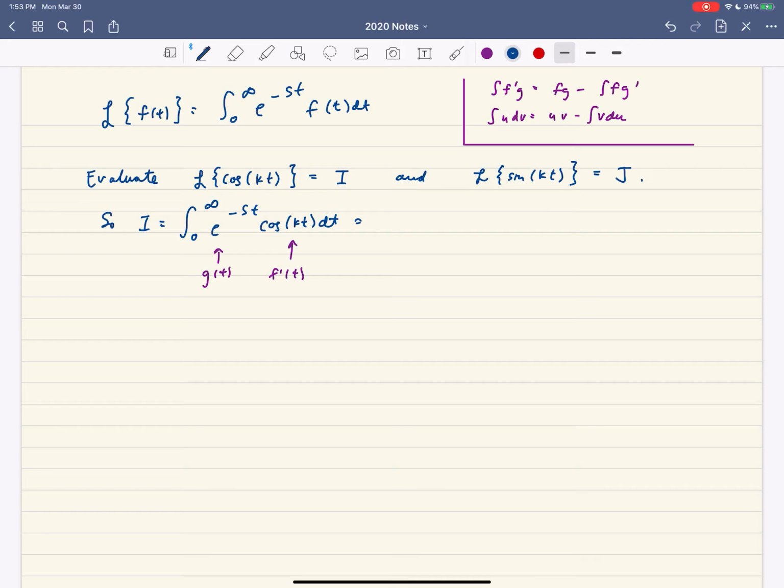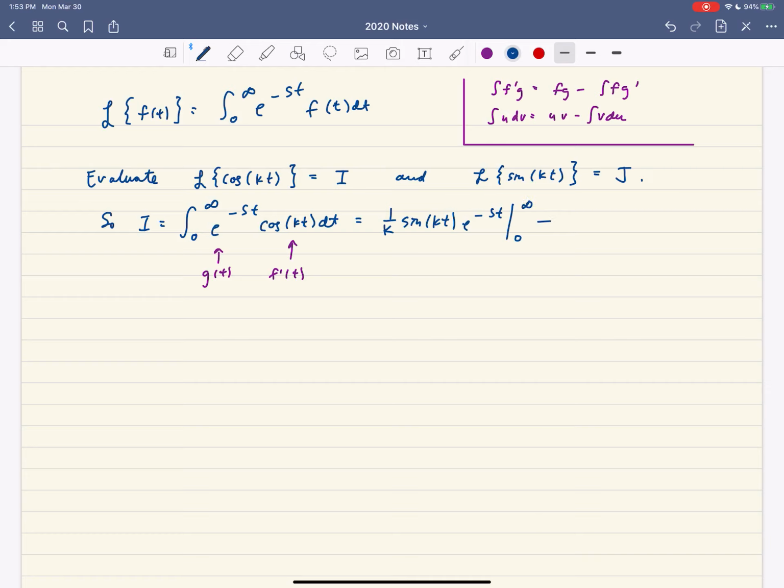Anyways, so if we set this up, we're going to have that our integral is going to be equal to, let's see, so we're going to integrate cosine of kt. So that means that we're going to end up with 1 over k sine of kt e to the minus st as t goes from 0 to infinity.